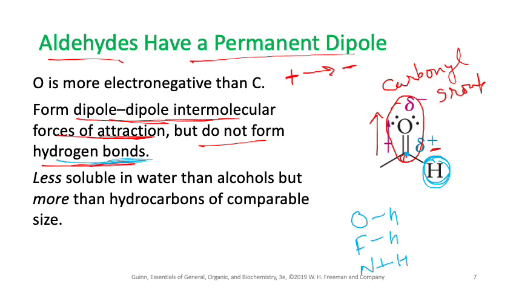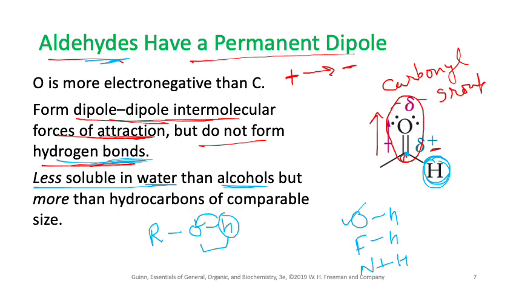And because of this, aldehyde is less soluble in water compared to alcohol. If I compare alcohol and aldehyde, which one is more soluble in water? Why is alcohol more soluble in water? Because alcohol has the functional group OH, and because the hydrogen is attached directly to an oxygen, alcohol can make a hydrogen bond with water, but aldehyde cannot. That's why alcohol is more soluble in water.